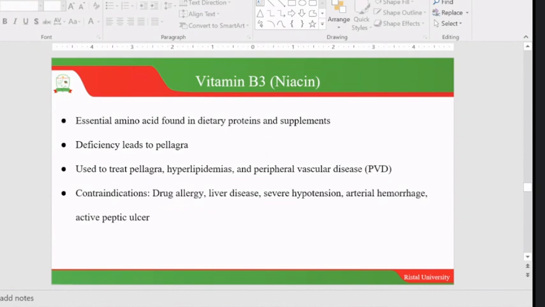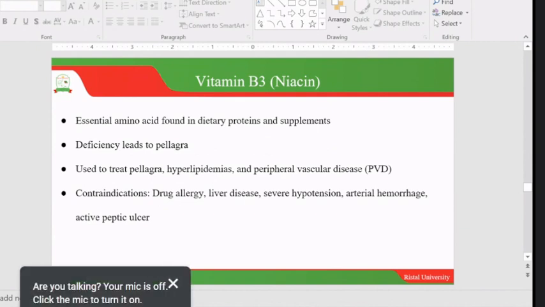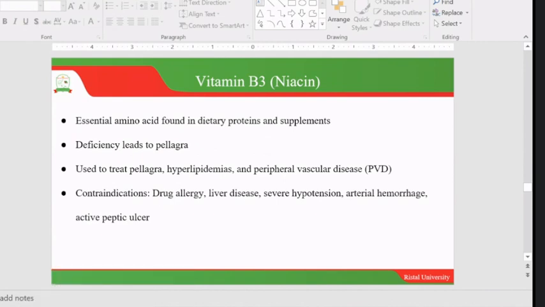Vitamin B3, we're looking at it as essential, and it's an essential amino acid found in dietary proteins and supplements. Okay, and deficiency of vitamin B3, or deficiency of niacin, leads to pellagra. When we talk of pellagra, we are looking at the lack of niacin in the body.